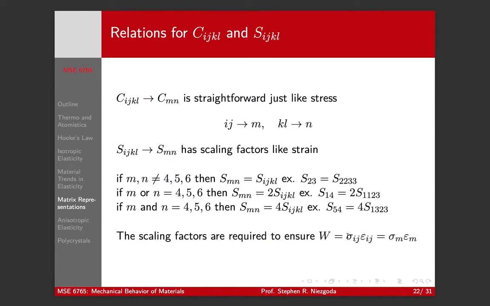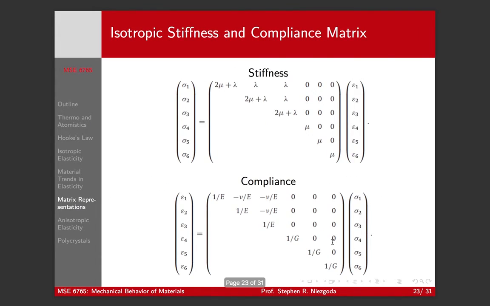And another factor is we want to make sure that our strain energy density is 1/2 sigma ij epsilon ij, that this dot product, sigma ij epsilon ij, is the same as sigma m epsilon m. Right? So the multiplicity of the shear strain terms is accounted for.